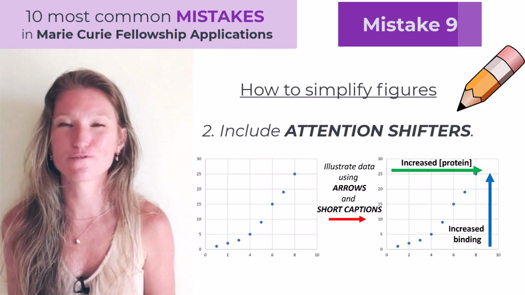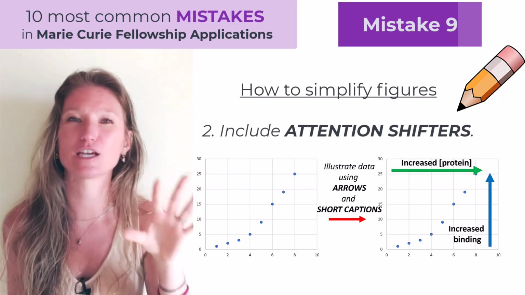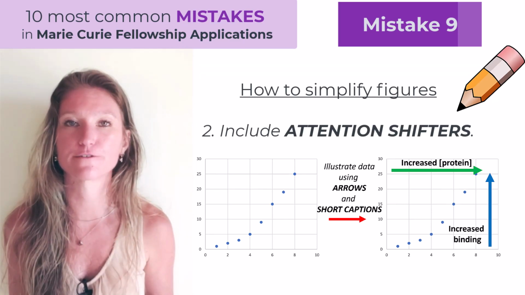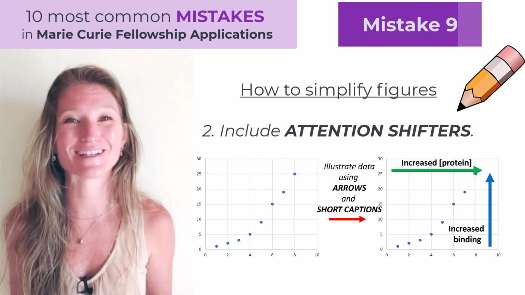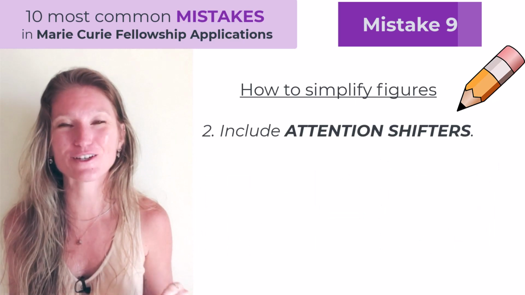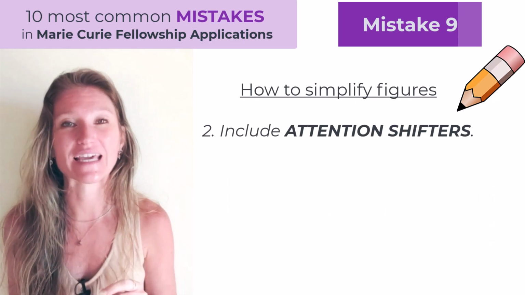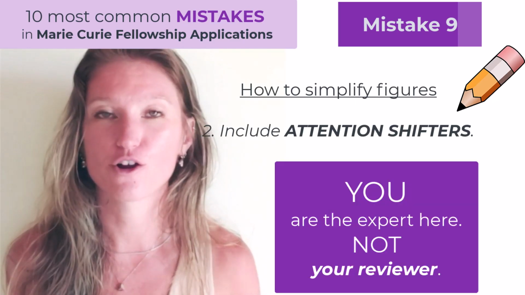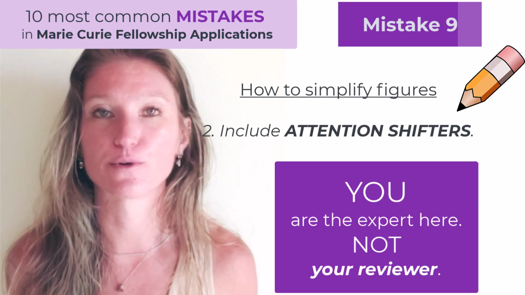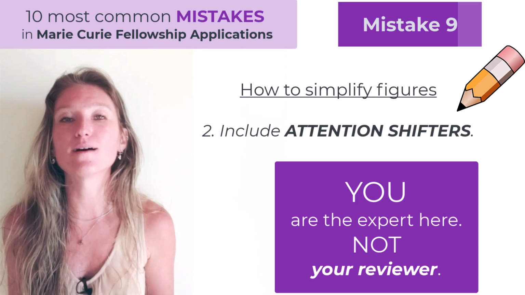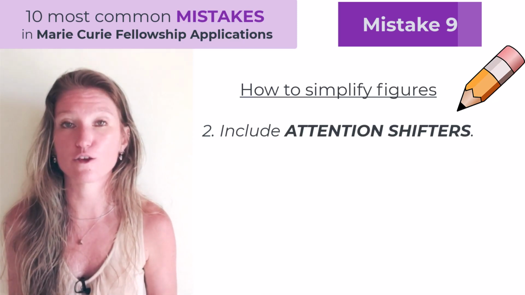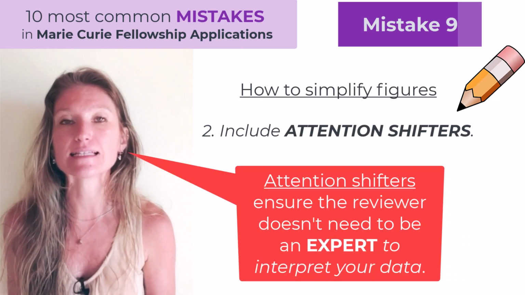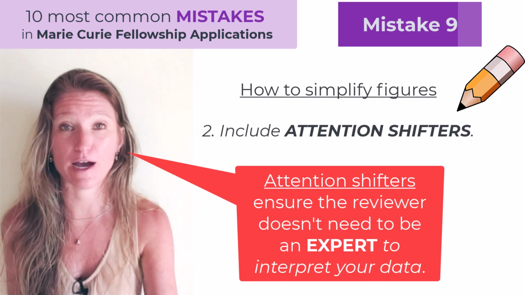These attention shifters, or these little arrows or explanations that you can embed into your figure, are also helpful because, again, remember what I said earlier, that the reviewer is likely not going to be an expert in your topic. You are going to be a bigger expert than your reviewer, and so you want to make sure that the way that you present your data in your figures is able to be interpreted by your reviewer.